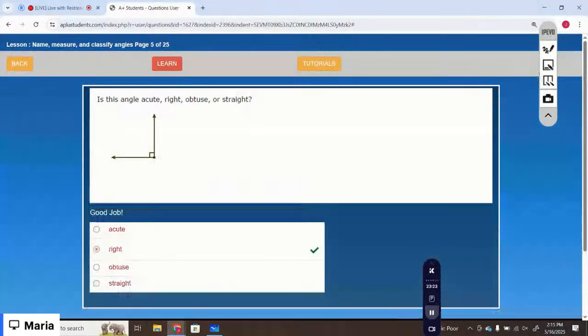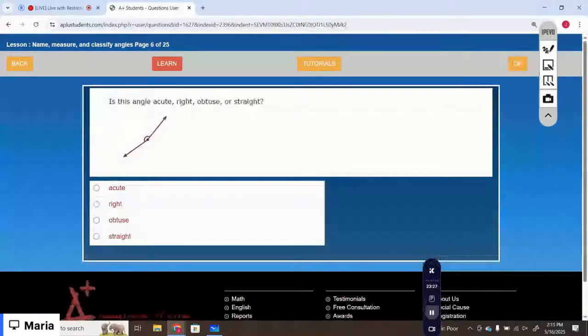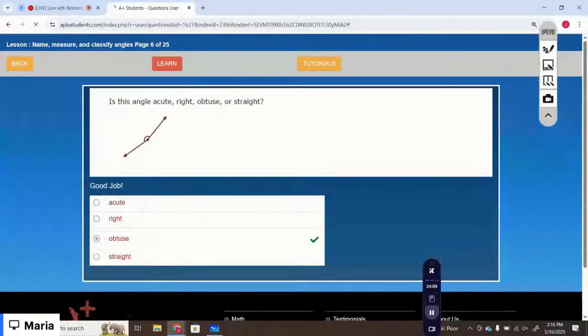Option number two is the correct option. Is this angle acute, right, obtuse or straight? That is the obtuse angle. Option number three is the correct option.